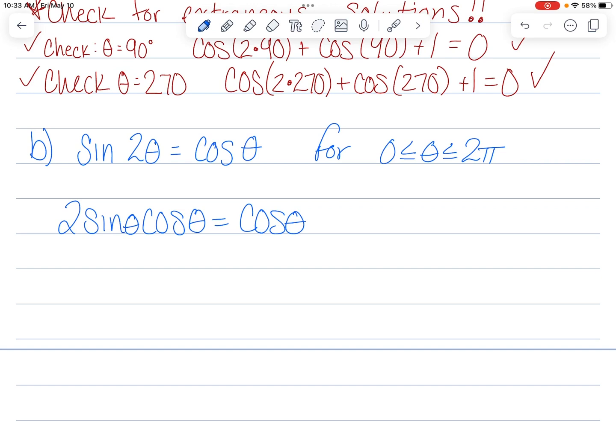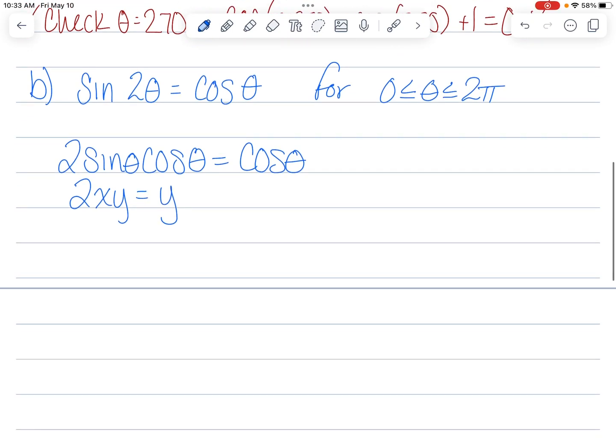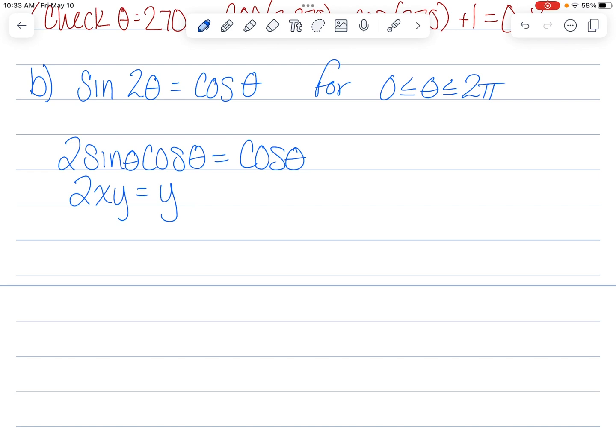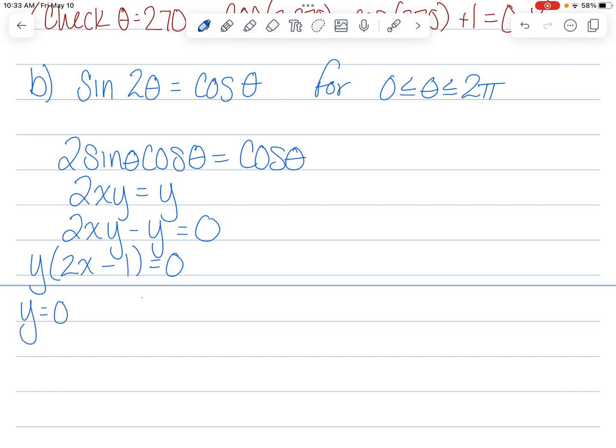Now that it's all the same angle, if I want to change it to x's and y's, I can. I don't have to. Remember on these ones where you have both sine and cosine, you're better off getting them to the same side of the equal sign so you can factor. Get it equal to 0, factor out the y, 2x minus 1 equals 0, and split to solve.